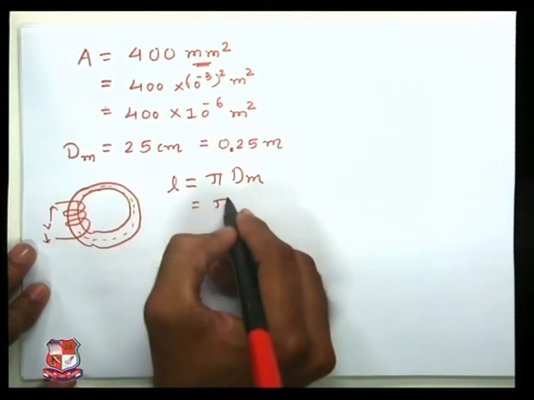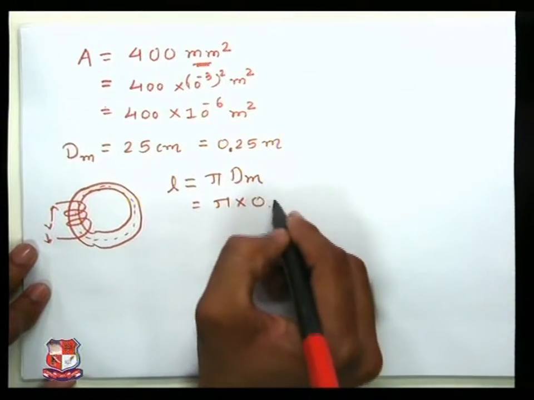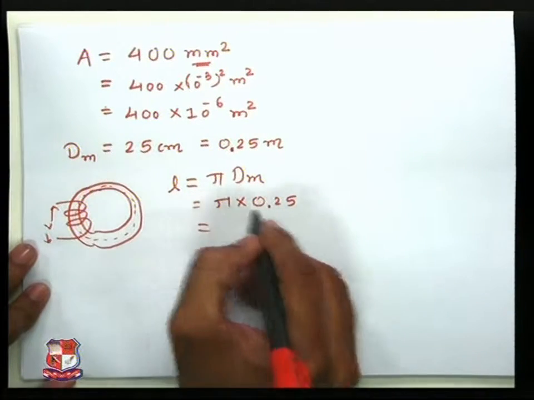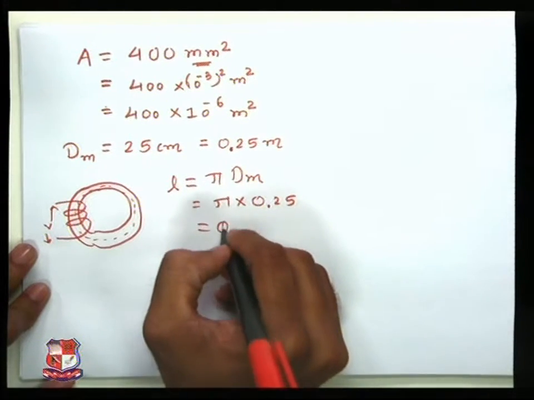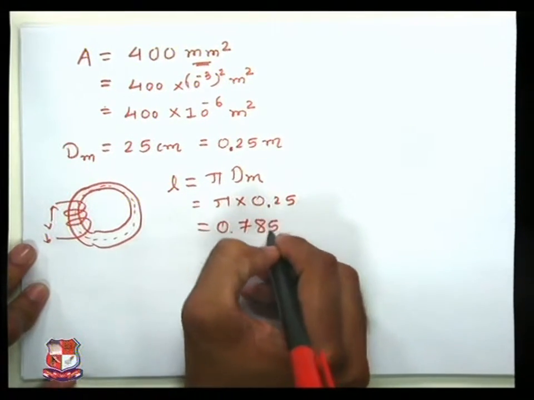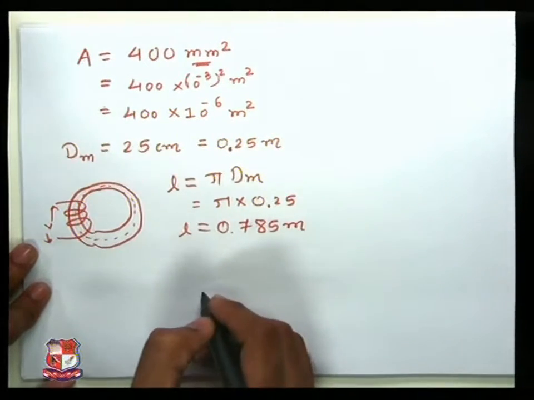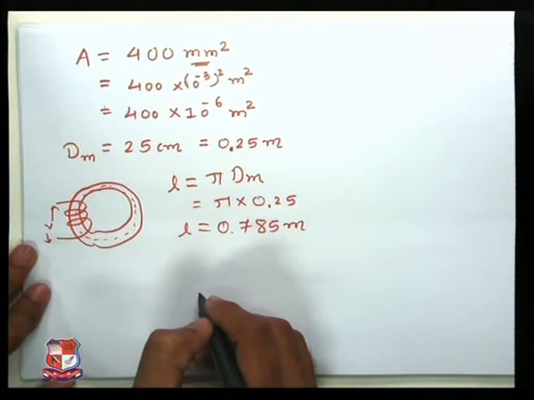So pi into 0.25, multiplication of pi and 0.25 we get 0.785 meter. So mean length is 0.785 meter.